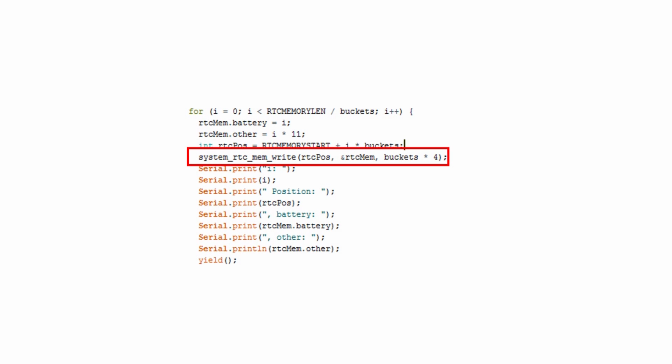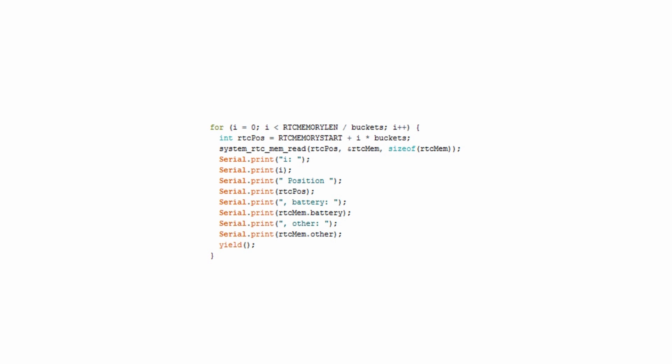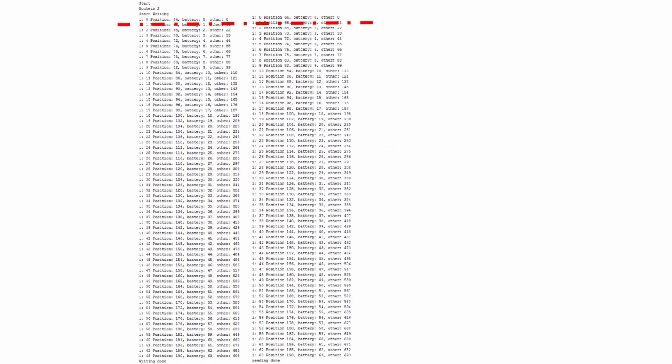We write the whole structure in one go as requested by Espressif. Of course, we do not forget the yield command to keep the watchdog happy. In the following for loop, we read the memory with the function system_RTC_mem_read. Now we can compare the 2 results and see that our RTC memory delivers exactly the same numbers as stored before.